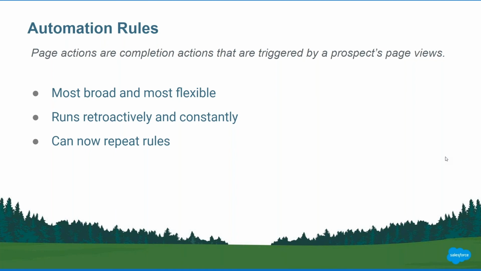One that adds that prospect into the list and another rule that removes that prospect from the list. So now instead of that, all you need to do is just set up a dynamic list. Now, with that in mind, you can see how these two automation tools will be used.